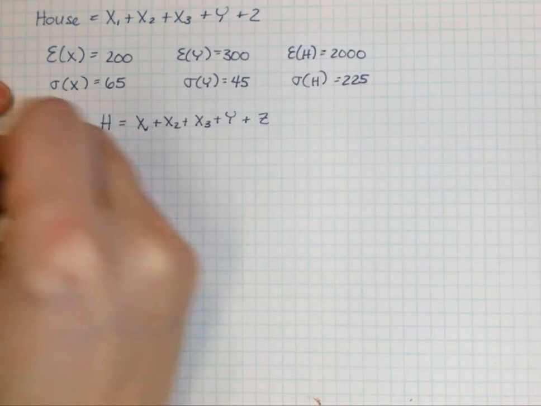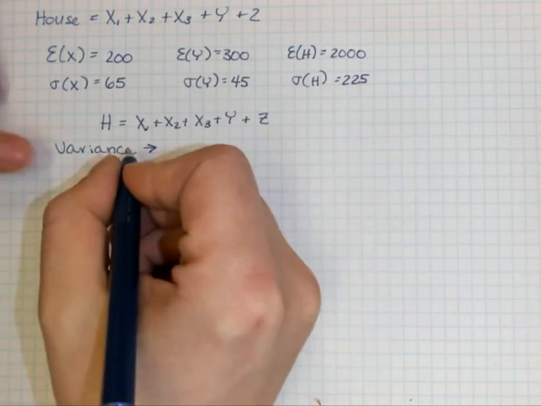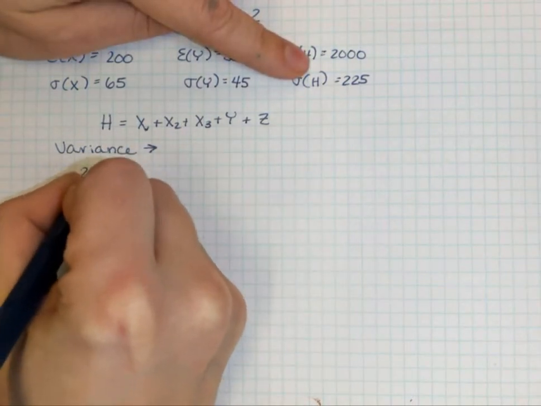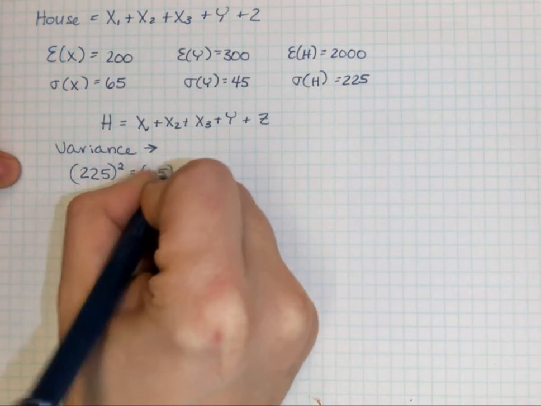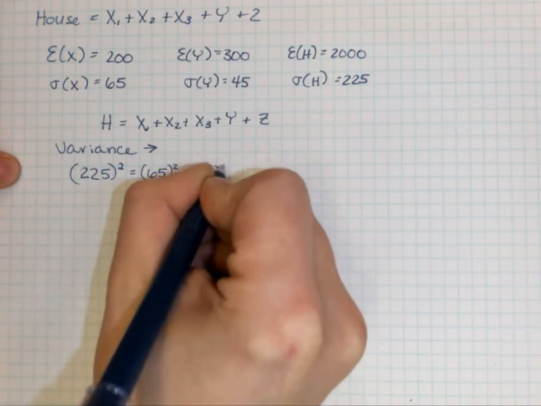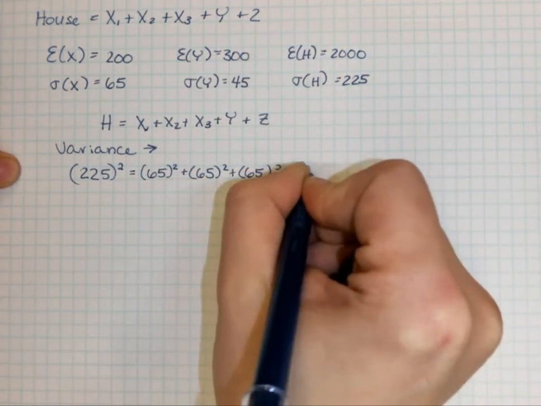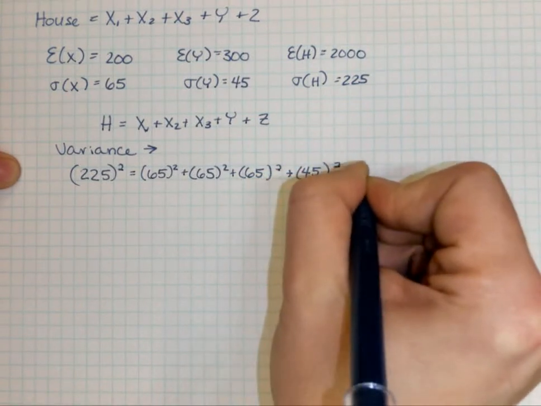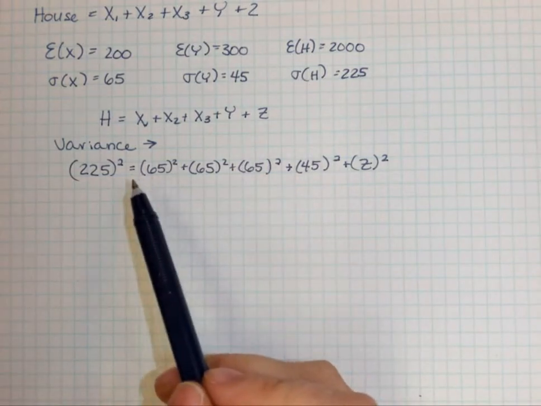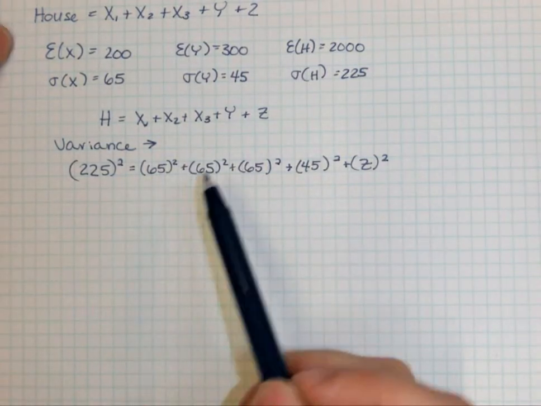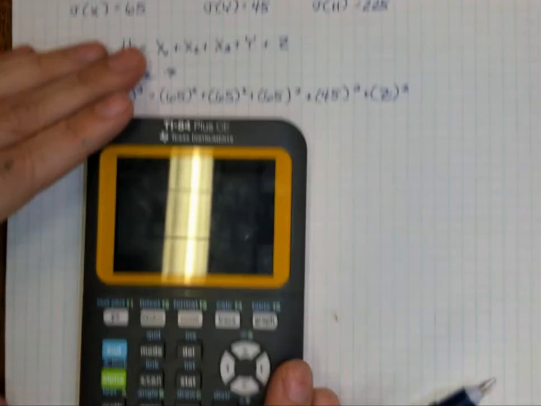But when we're talking about the standard deviation or the variance, the way that equation works out is we're going to say the house squared is each of the bedrooms squared, the kitchen squared, and then whatever the other stuff is squared. So if you look at this, I really am not, although I might use subtraction to solve for it, my variances are only adding. So now I need to solve the problem.